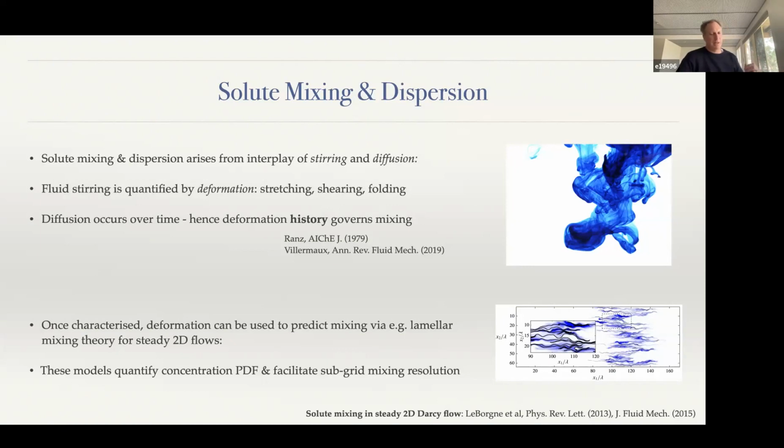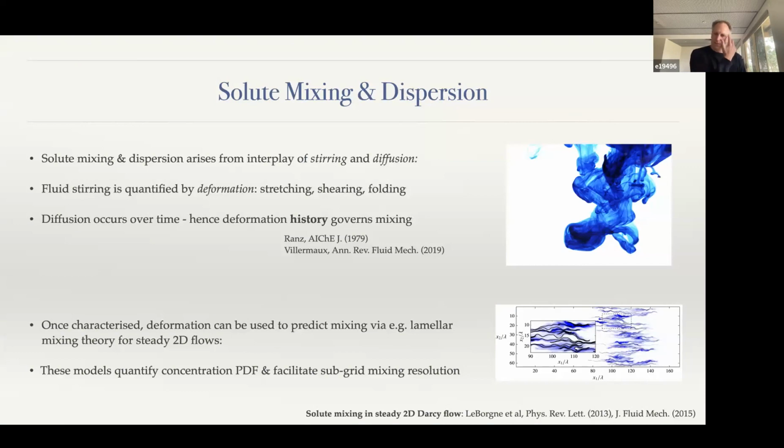And so the thing that matters is that the deformation history governs mixing. If we can say something about what are the fluid deformation events that have occurred in the past up until the present, and at what time they occurred, we can then quantify mixing and dispersion. So once characterized, deformation history and deformation rates can be used to predict mixing.